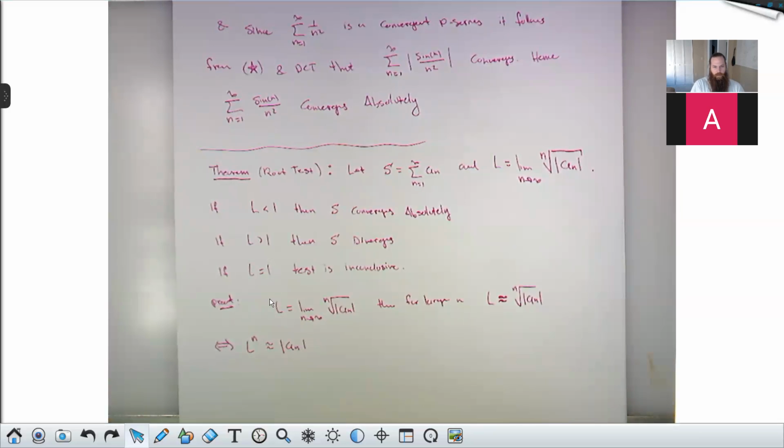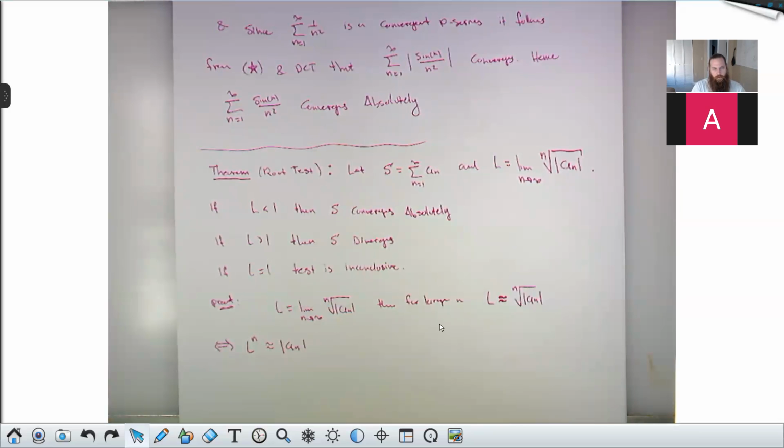So, if this number L is the limit as n goes to infinity of the nth root of a_n, what that means is as n gets bigger and bigger, this thing gets closer and closer to L. That's what the limit means. In other words, if n is real big, this thing is real close to L. All right, well now raise both sides to the nth power.